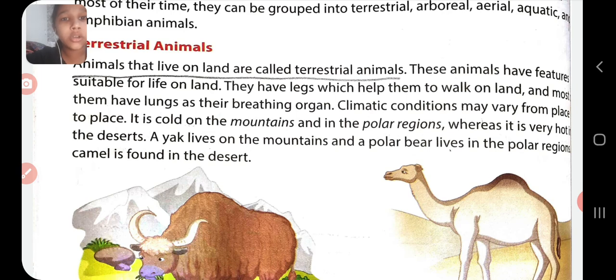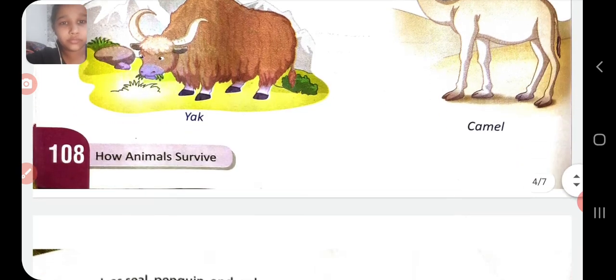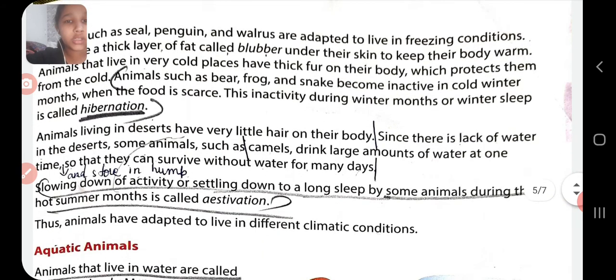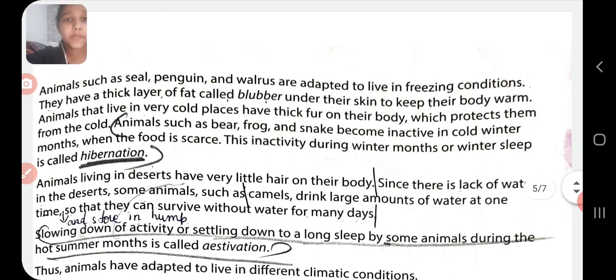Now animals such as penguin, seal and walrus are adapted to live in freezing conditions. They have a thick layer of fat called blubber under their skin to keep their body warm.